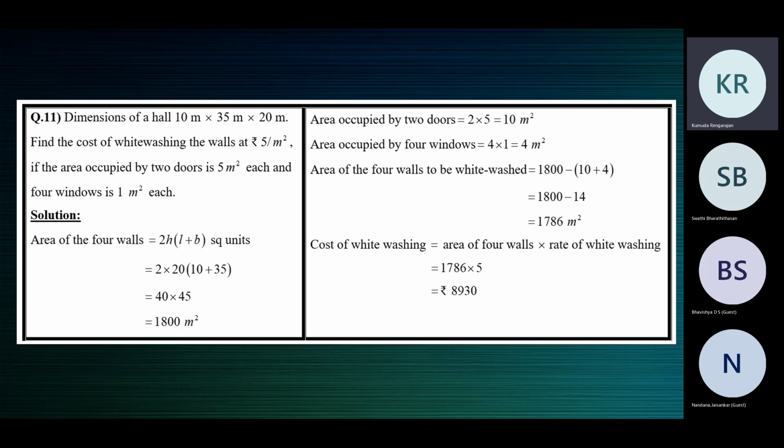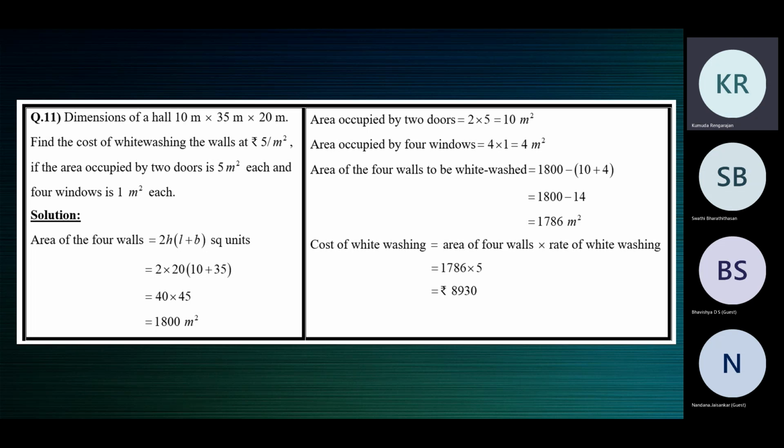But here it's distempering, whitewashing. So you will not whitewash the windows and doors, right? Yes or no? Whitewashing is done only on the walls. So you should find the area of 4 walls, but that includes the area of the doors and windows. So take it away. Subtract that.